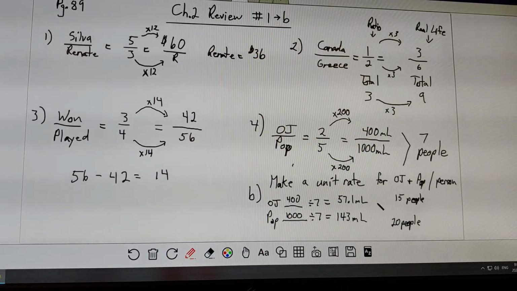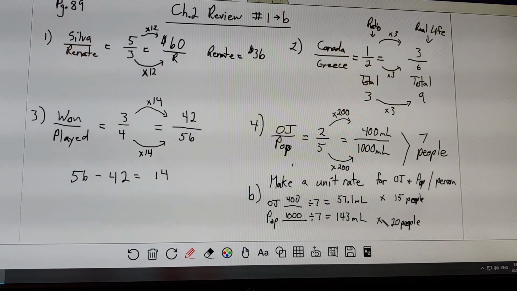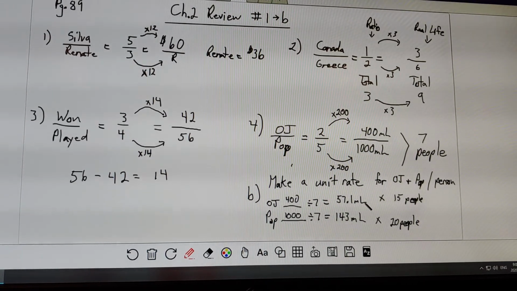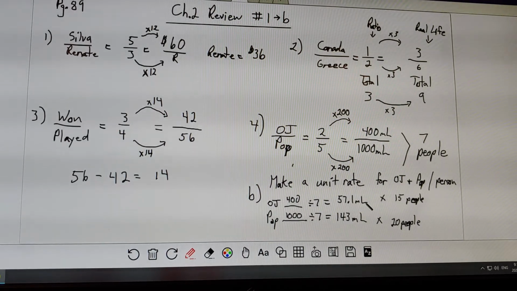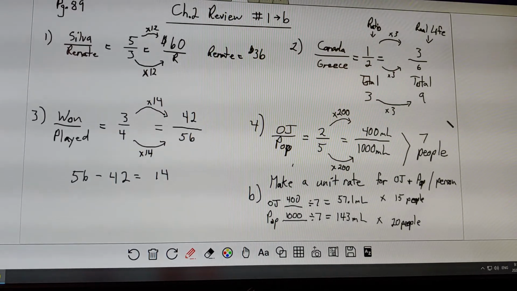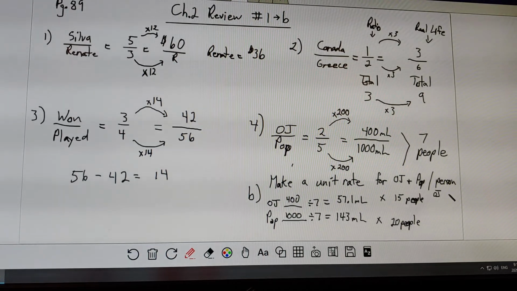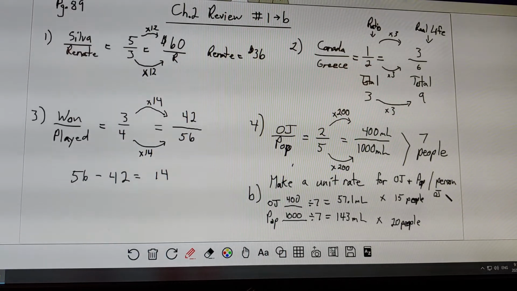So then how much do I need for 15 people? Well, I'm just going to multiply by 15. So 57.1 times 15 equals 856.5 milliliters for OJ, and again, I'm sorry about the size. I will spread it out better in the future.